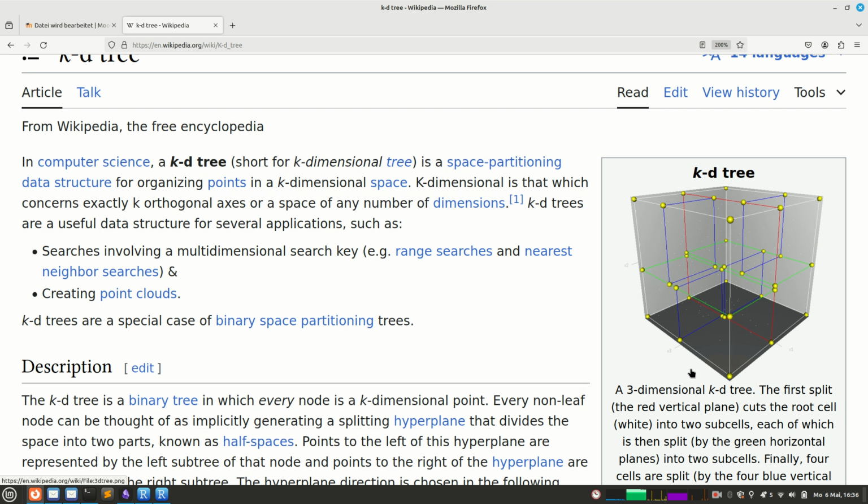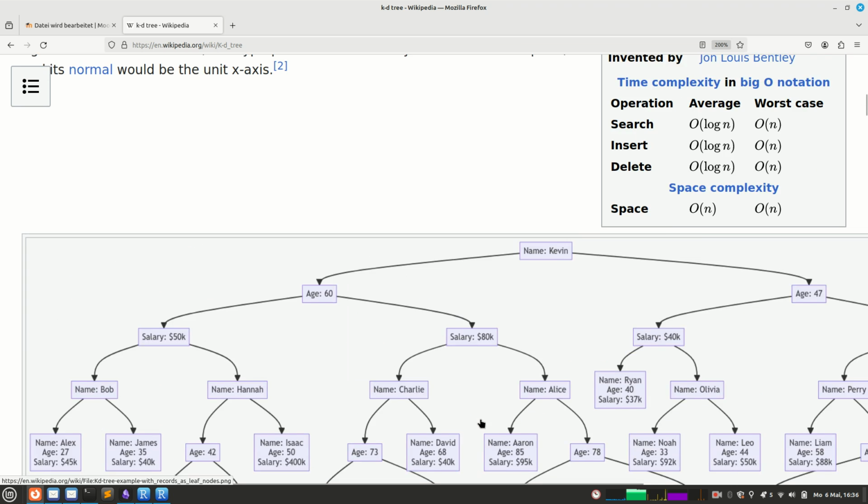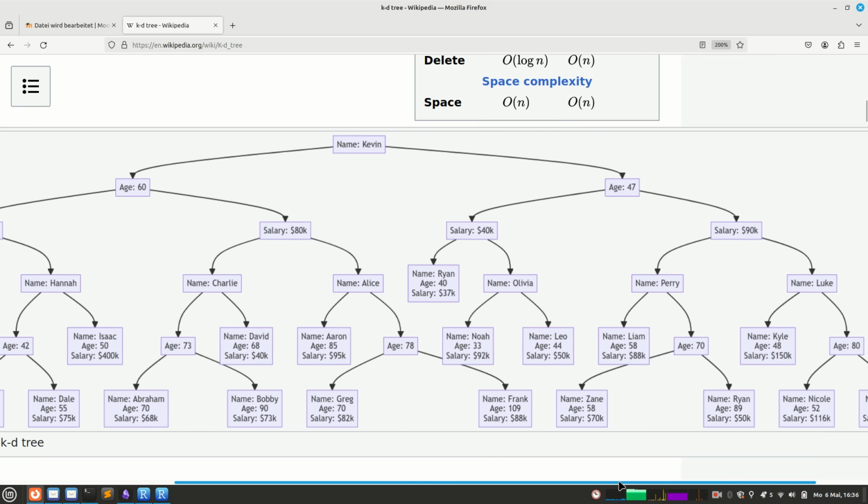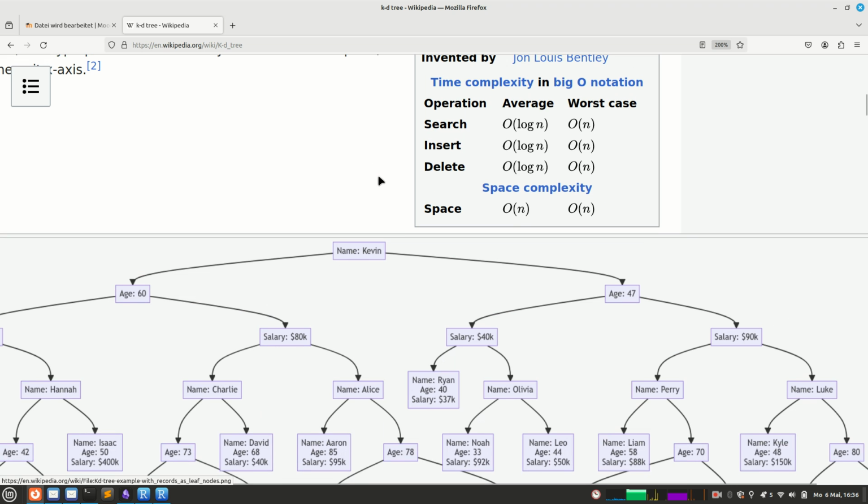And they've illustrated it here with this example, where they say we have some employees which are always specified by the 3 dimensions: name, age, and salary. The name is, of course, also a continuous thing because you can sort it alphabetically.